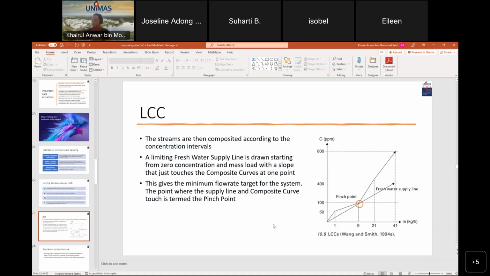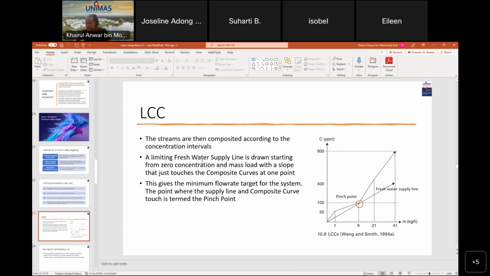This is the example of the LCC composite curve. This is MPA, mass pinch analysis. So the pinch is where the graph is in contact, I think, with the freshwater supply line. The streams are then composited according to the concentration interval. So the data is from the process.